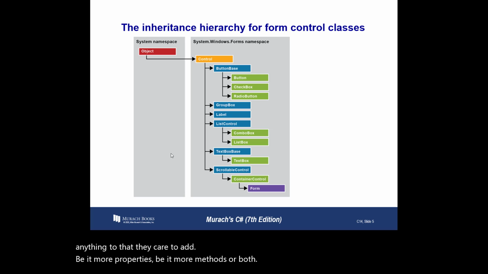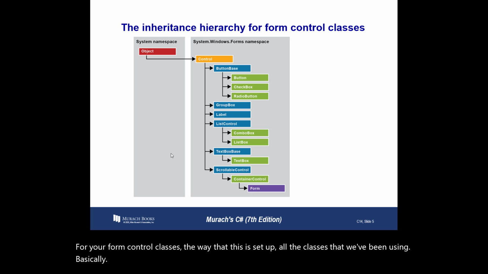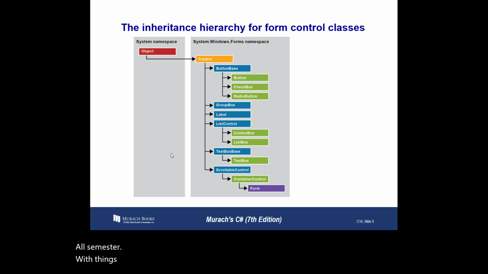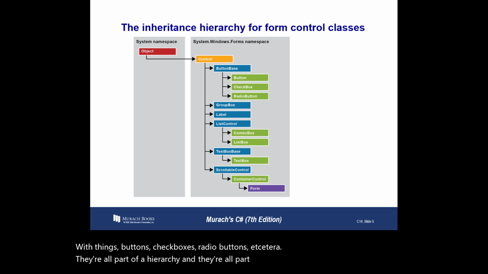What they're saying here is that the form control classes, the classes we've been using basically all semester, things like buttons, checkboxes, radio buttons, etc., are all part of an inheritance hierarchy.